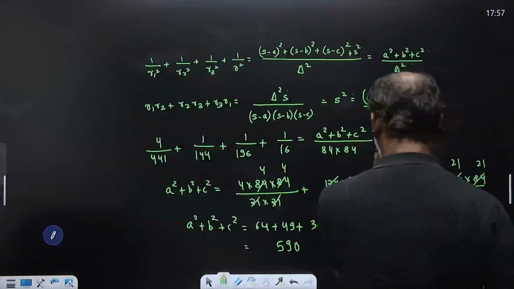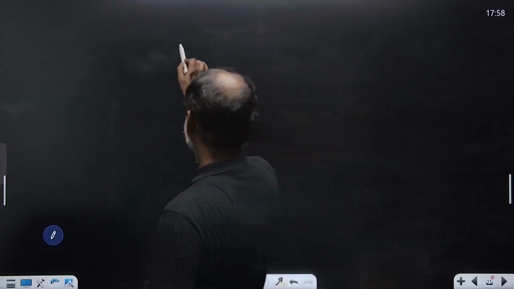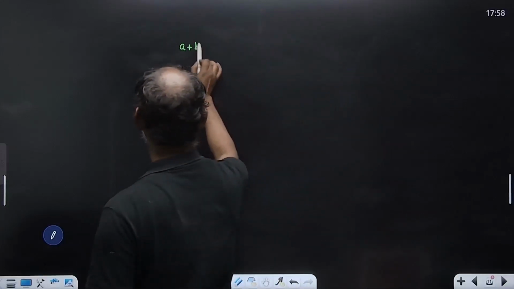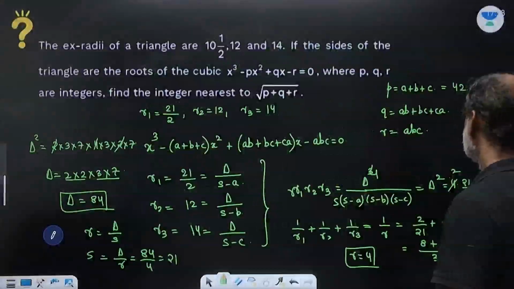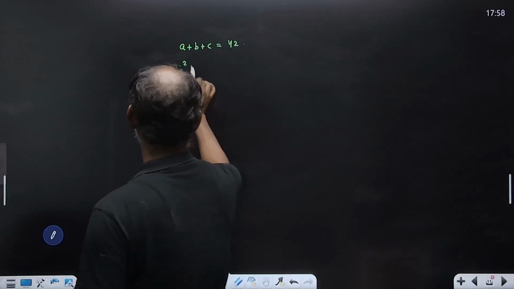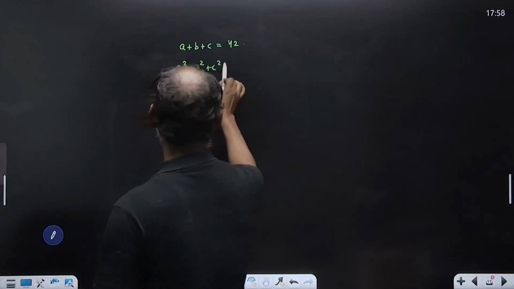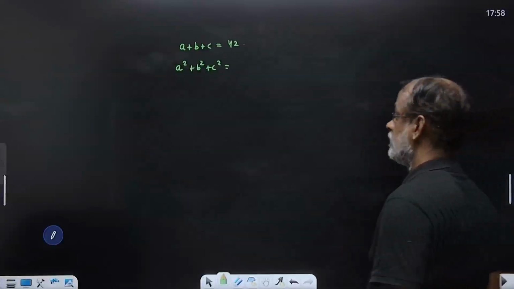We already know a, b, c. So we have known a plus b plus c, I think we calculated as 42. A square plus b square plus c square we have calculated as 590.